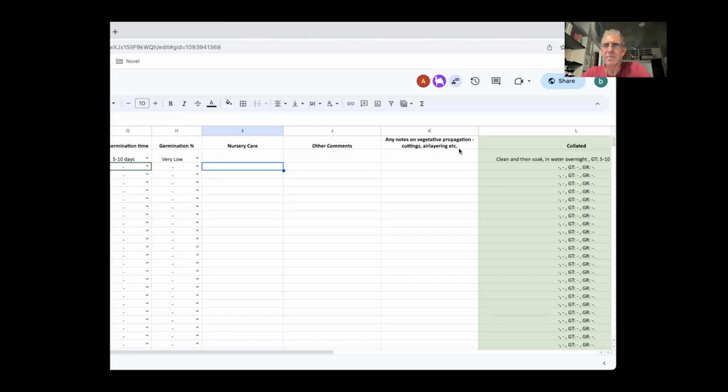The other thing that we're quite happy to do is take other people's Excel sheets. So I know some of you may well also have this information already in Excel. And if you don't want to go through the process of putting it into this format, then there are people here at our botanical gardens that will do that work. And if they have questions, then obviously they would directly come back to you to try and resolve those issues.